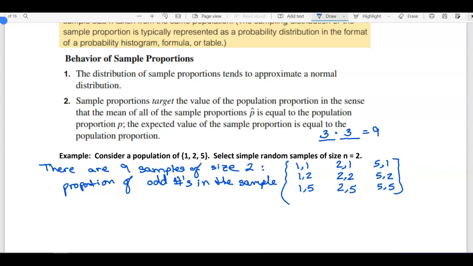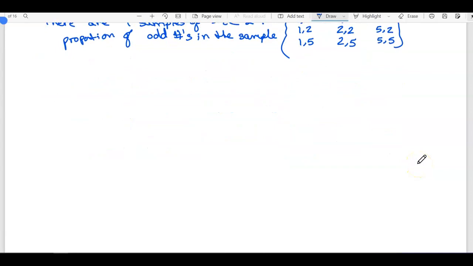How many odd numbers do we have in here? In this case, we have 2 odd numbers out of the 3 total. So there's our population information. Now we're going to collect information from our sample, or samples. So I'm going to create a table here.